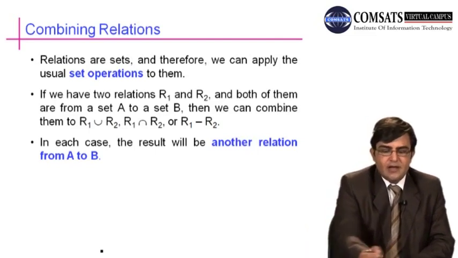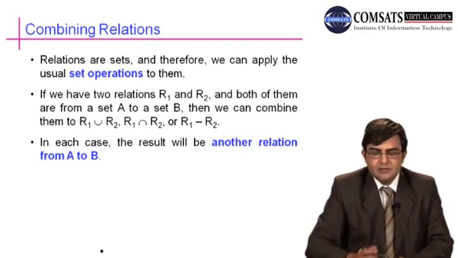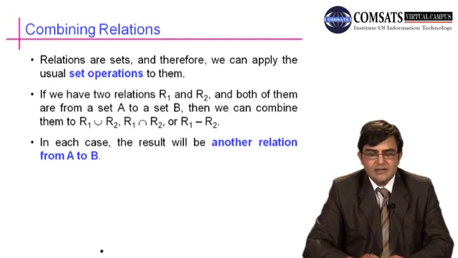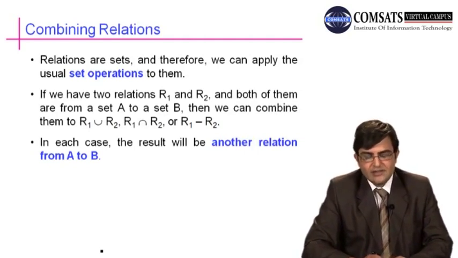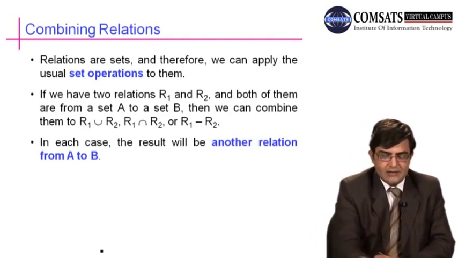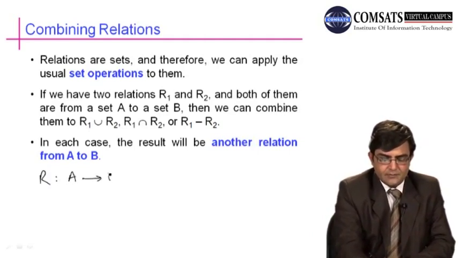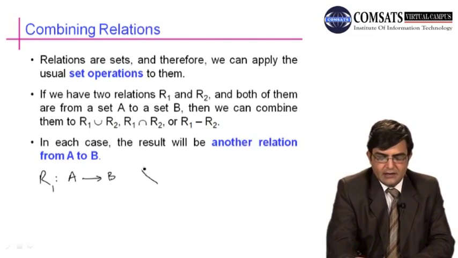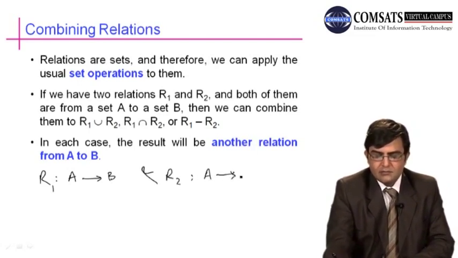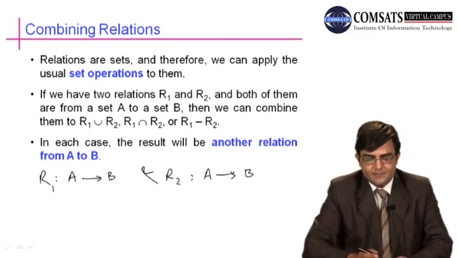So for example, if we have two relations R1 and R2, both from a set A to a set B, that is, R1 is a relation from A to B, and R2 is a relation from A to B on the same sets.